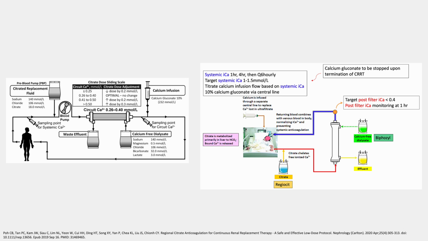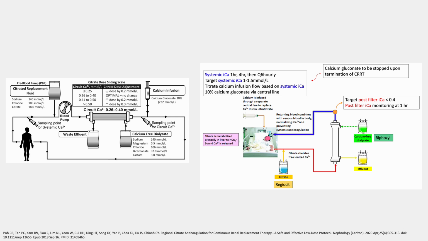So between the infusion point and the calcium infusion point post-circuit, anticoagulation is achieved because of therapeutic hypocalcemia. And this is monitored by checking calcium at a sampling port just distal to the circuit. So we ensure that the calcium levels are low within the system.